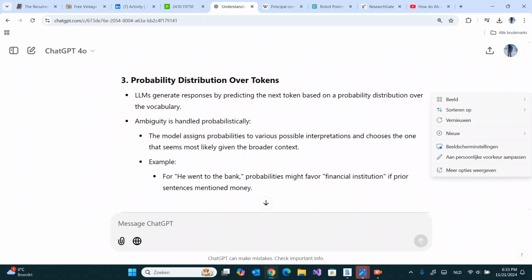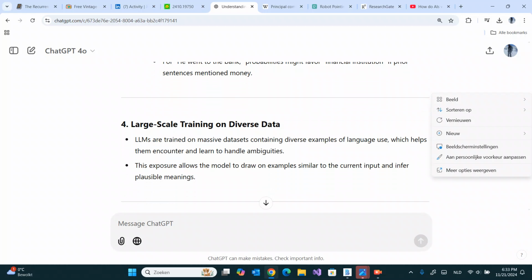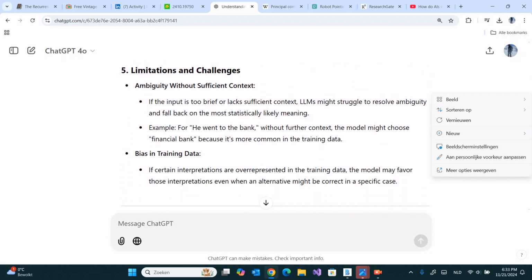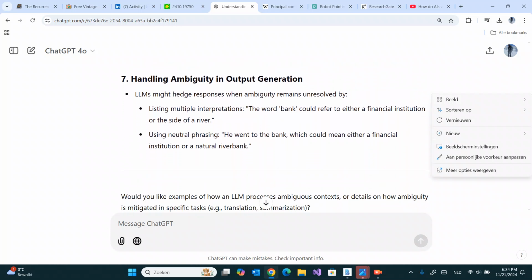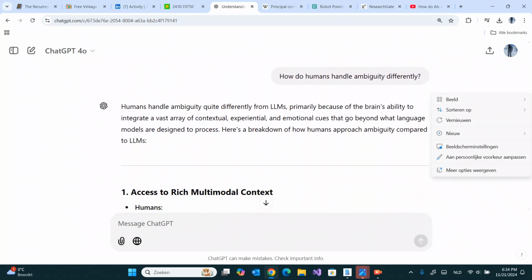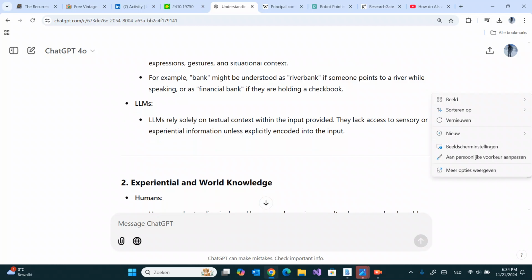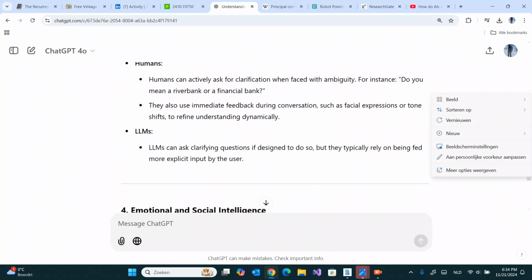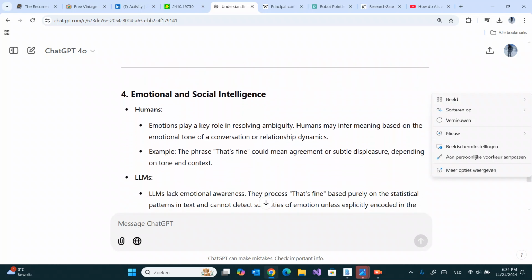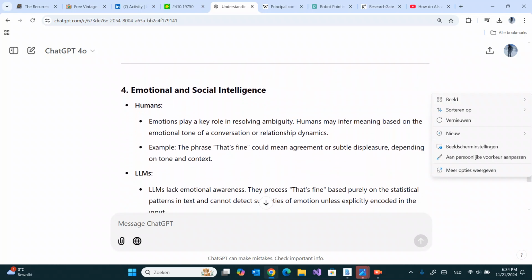How does it happen, this probability distribution, this classification? You will see, I push it a bit for resolving an ambiguity, and it gives me the precise mathematical techniques, I would say, of how it does it. And yes, you can ask it all kinds of questions.